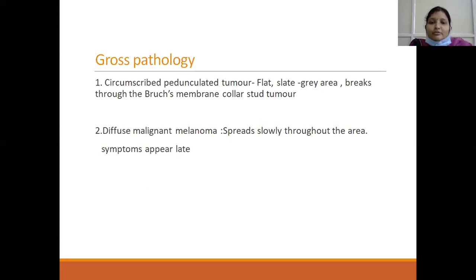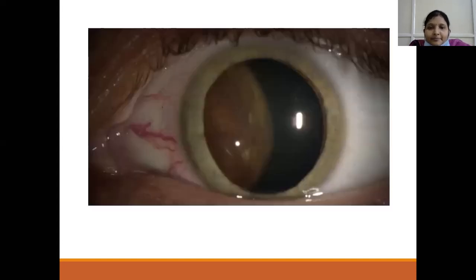Next, coming to diffuse malignant melanoma. This spreads slowly throughout the area, so it manifests symptoms later. So this is a picture showing malignant melanoma of the choroid in the peripheral part. This is the tumor. After full dilatation of the pupil, you can see the tumor encroaching into the pupillary area.